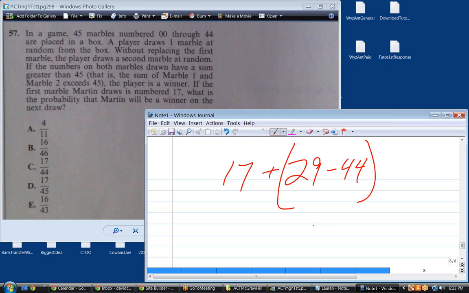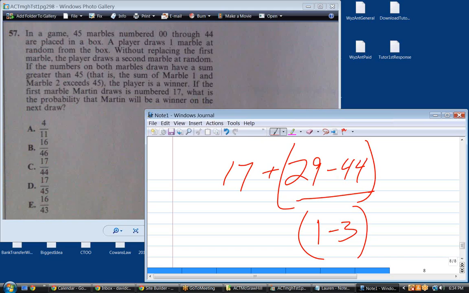If I said 1 through 3, how many numbers is that? We're trying to figure out how many numbers there are from 29 to 44. It's not 15.